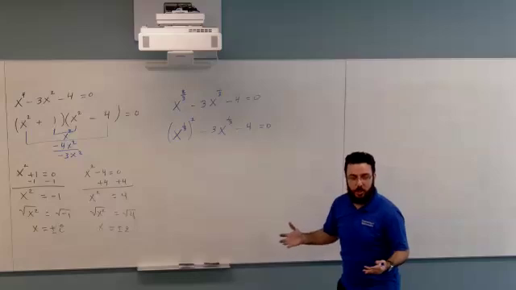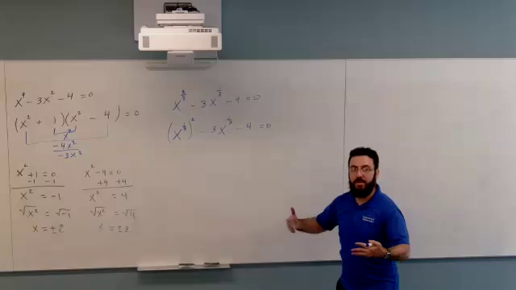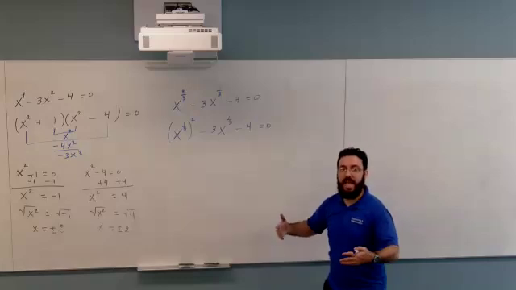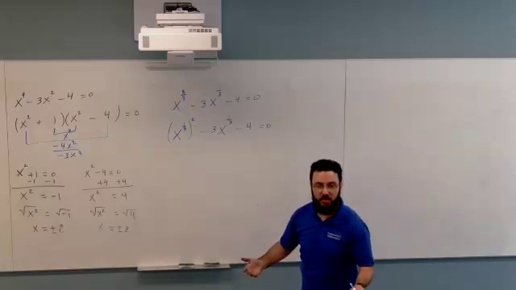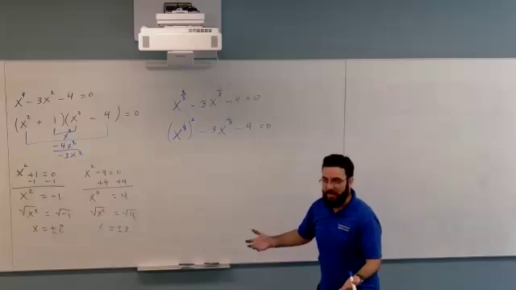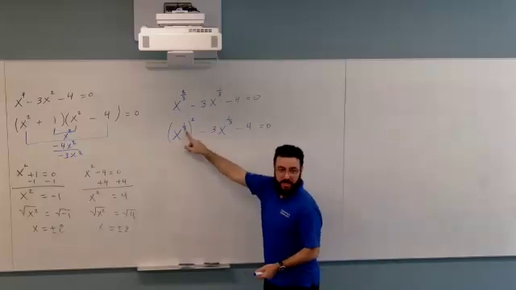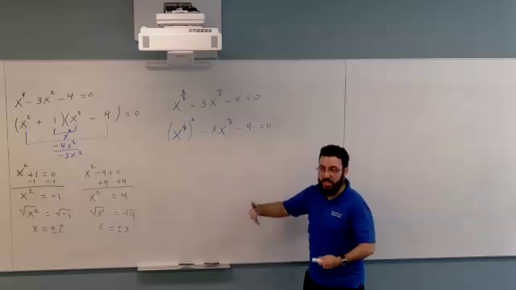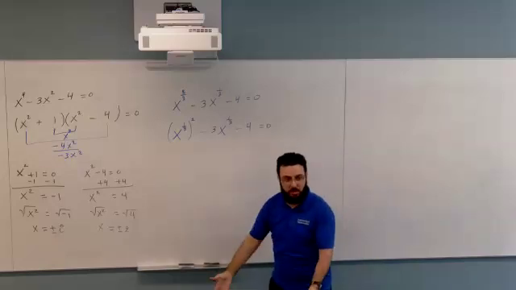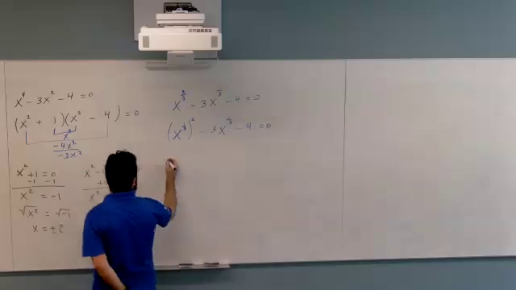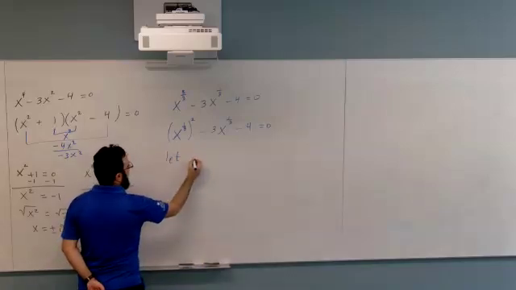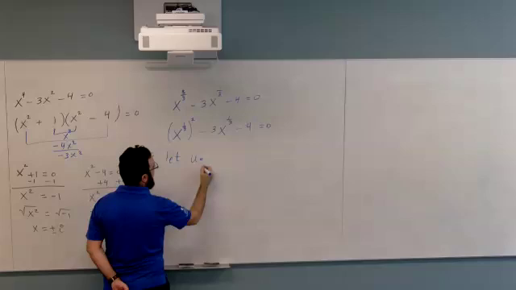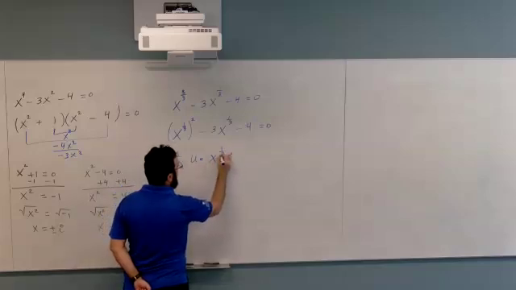Which one am I going to change to u? x cubed or x to the power what? 1/3. You see, x to the 1/3 here, x to the 1/3 here. Can I change it? I'm going to assume that u equals x to the 1/3, right?